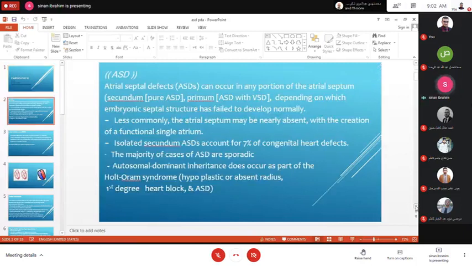let's start with the atrial septal defect, which can occur in any portion of the atrial septum, and these include three types.